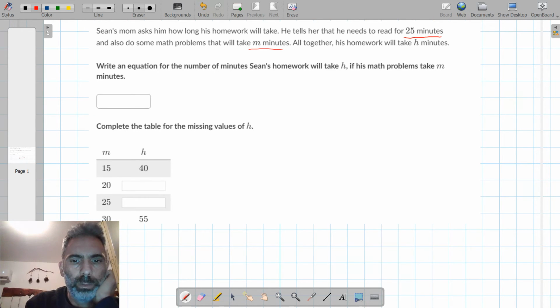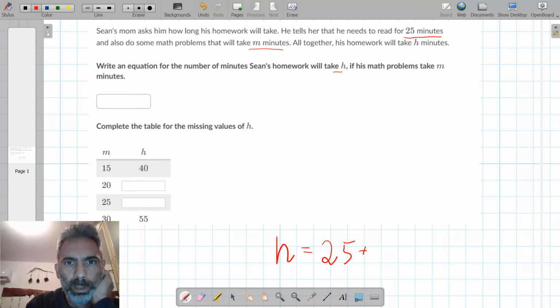So h is the total number of minutes. He spends 25 minutes reading plus an unknown number of minutes solving math problems. So m is the number of minutes he spends solving math, but we don't know how many minutes that is.